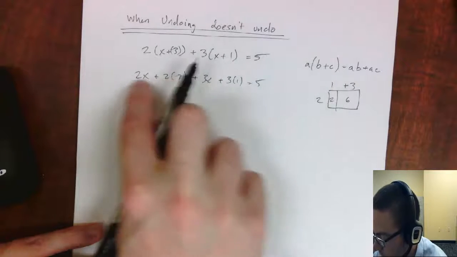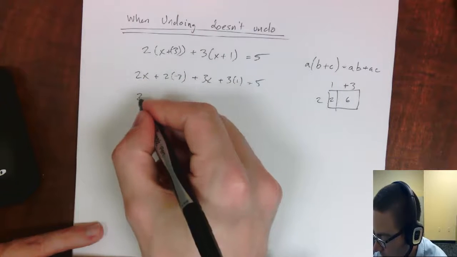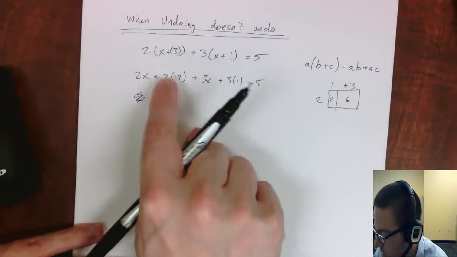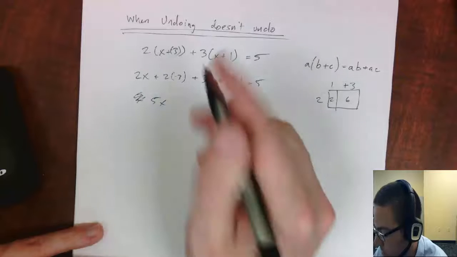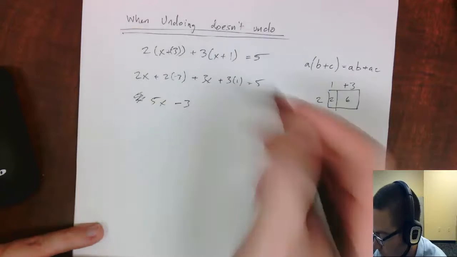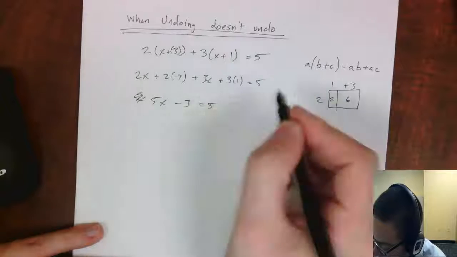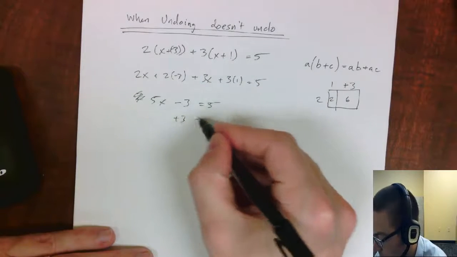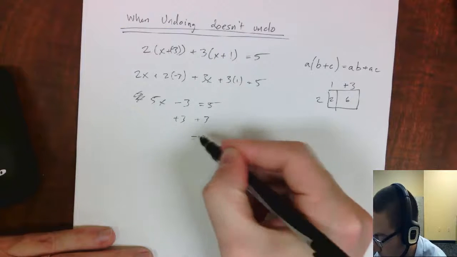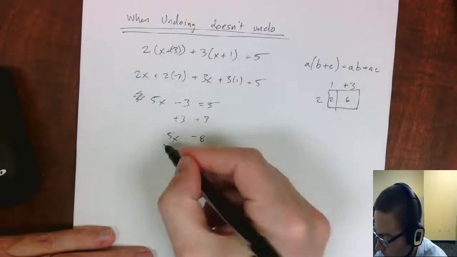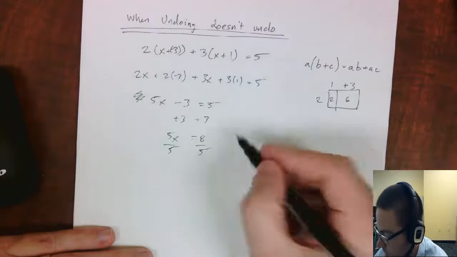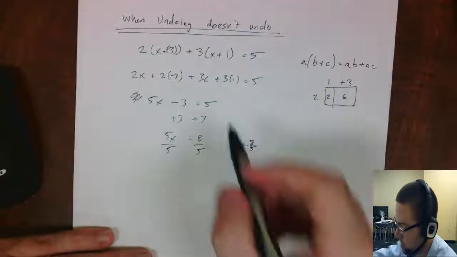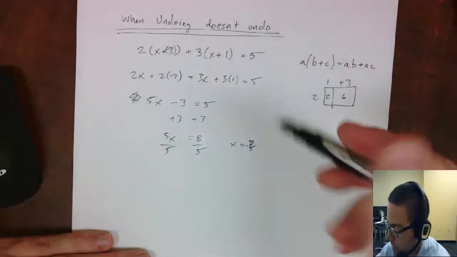Actually, let's just combine like terms. 2x plus 3x is 5x's. And then 2 times negative 3 is negative 6. Negative 6 plus 3 will be negative 3 equals 5. And then now I can do the rest by undoing like I am used to. So I add 3 to both sides, and I get 8 equals 5x. Divide both sides by 5, and I get x equals 8/5. The same answer that I got before, but I feel this was a lot simpler.